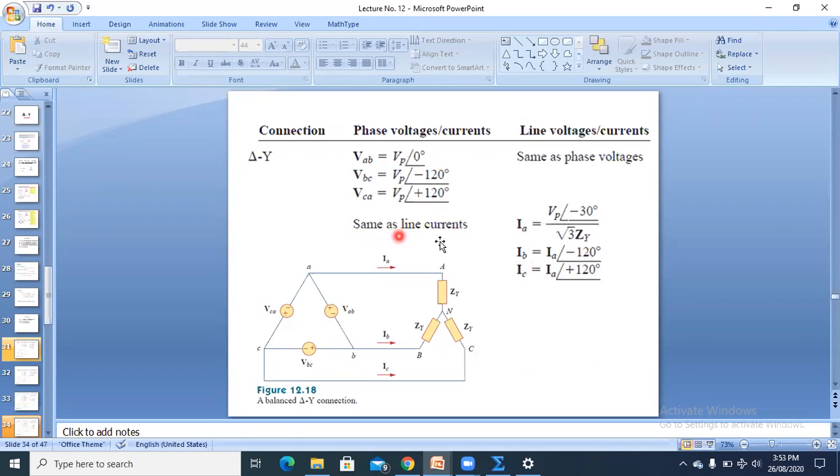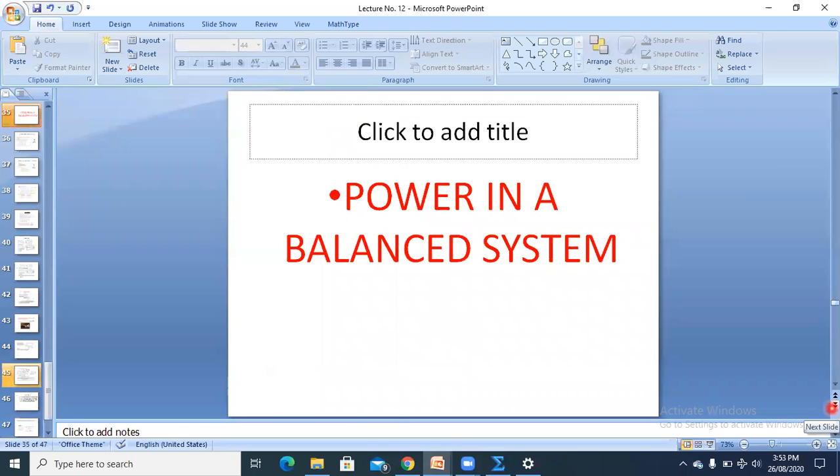The phase currents and line currents are the same, and the phase voltage and line voltages are also the same. So this is the summary of what we have learned so far.